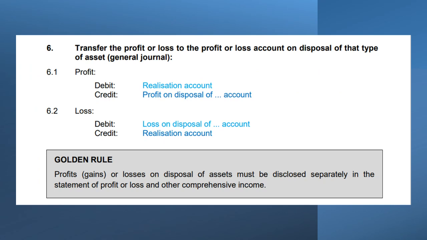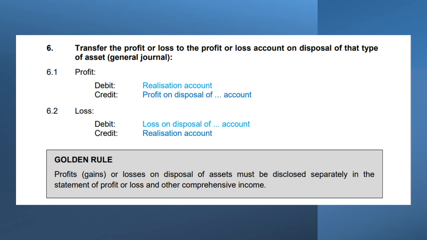The first part goes to your trading account, so we zero them out on that trading account, where we are just determining the gross profit, but the remainder of all those income and expenses, we close to your profit or loss account. You will see when we do the closing transfers how it applies. But here on point number 6, they are saying transfer profit or loss to the profit or loss account on the disposal of that type of asset.